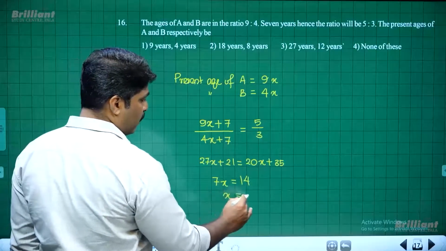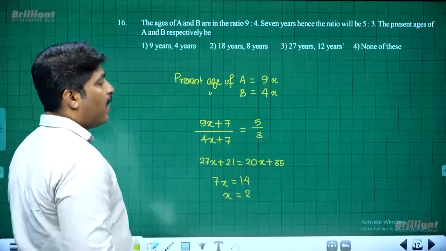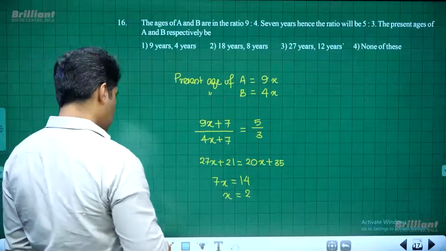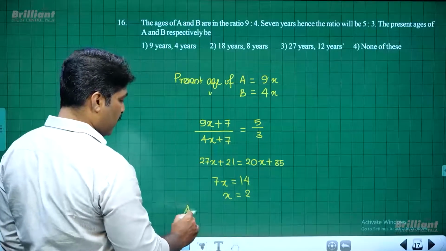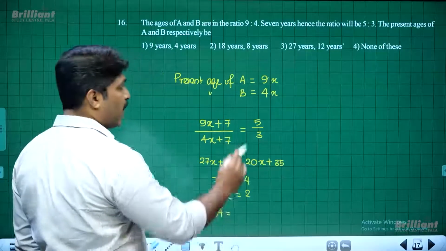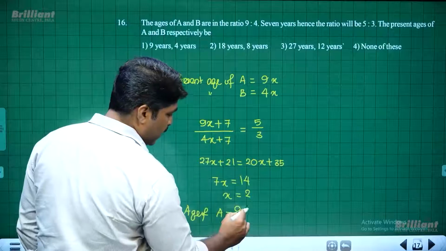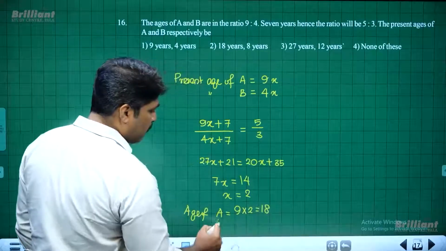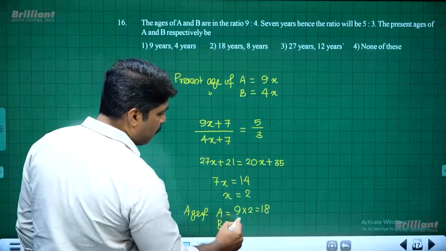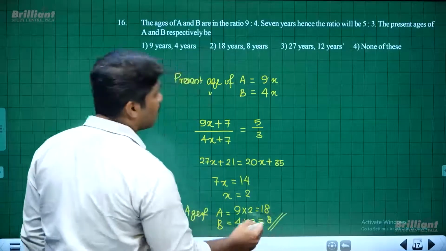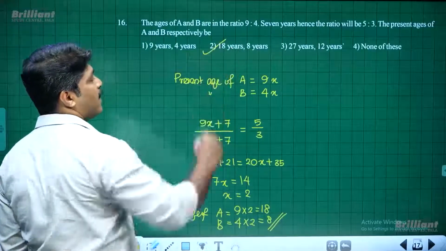Therefore, x equals 2. If x equals 2, the present age of A, which we assumed as 9x, is 9 into 2, that is 18. And the age of B is 4 into 2, that is 8. So the answers are 18 years and 8 years.